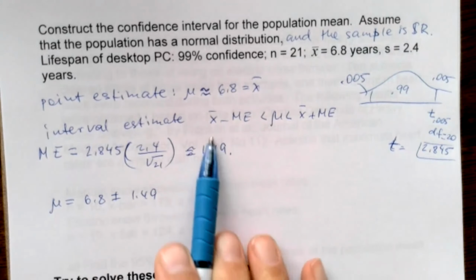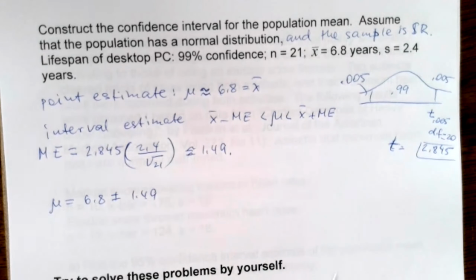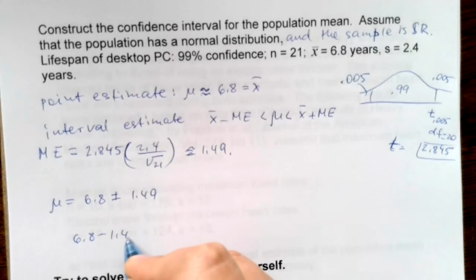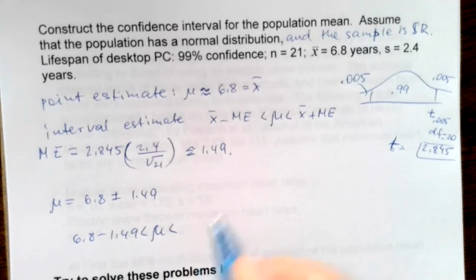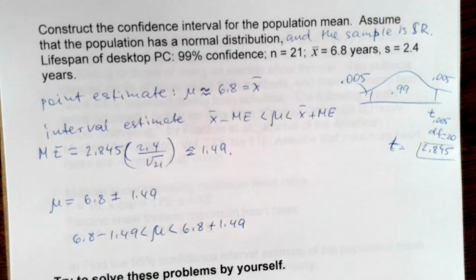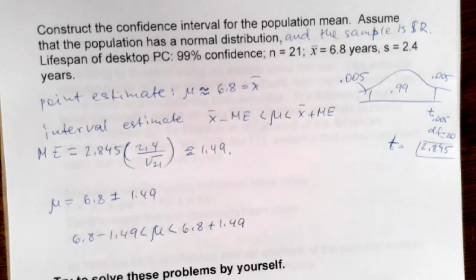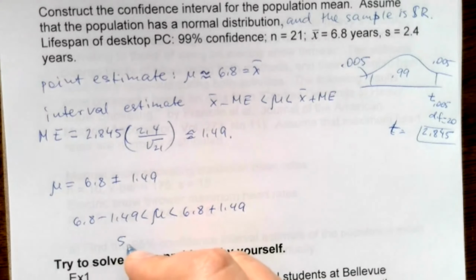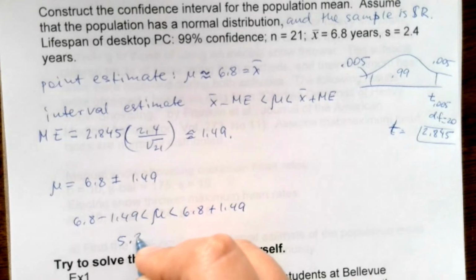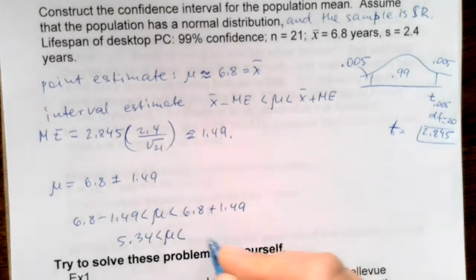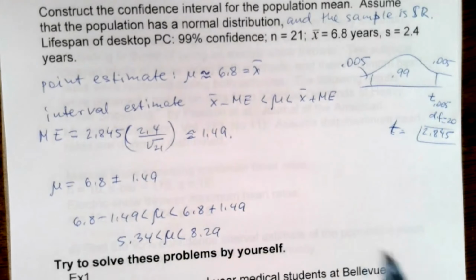Or if I want to write it in this form, that's going to be 6.8 minus 1.49 to 6.8 plus 1.49, which will give me 5.34 to 8.29.